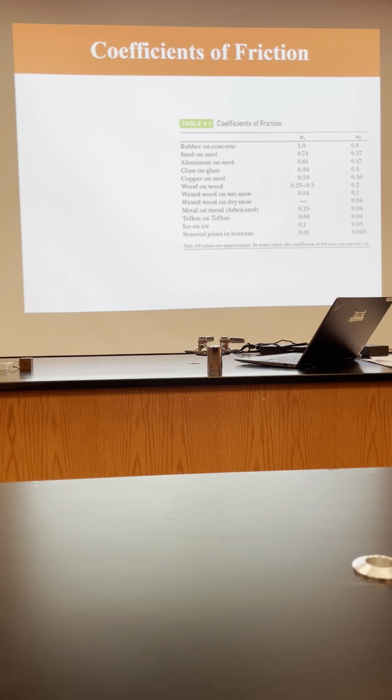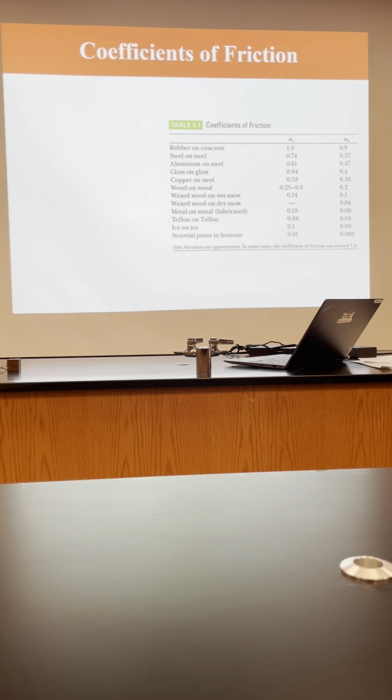The first column is the static coefficient of friction, versus the kinetic coefficient of friction for some given surfaces, and these vary depending on the surfaces. For example, glass on glass has a static coefficient of 0.94 versus 0.4 for the kinetic coefficient.